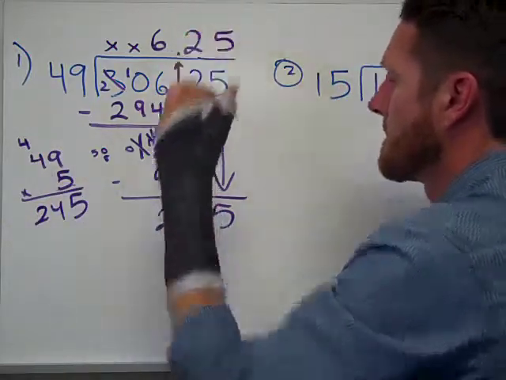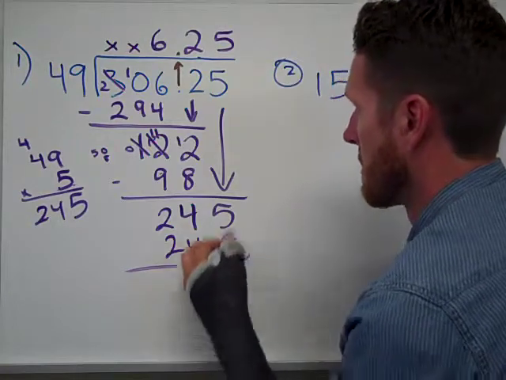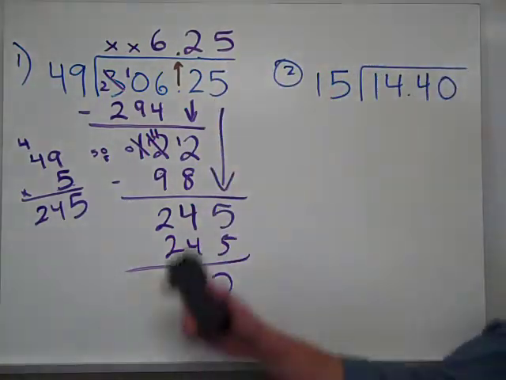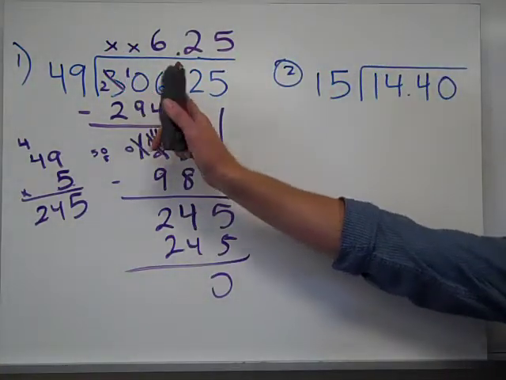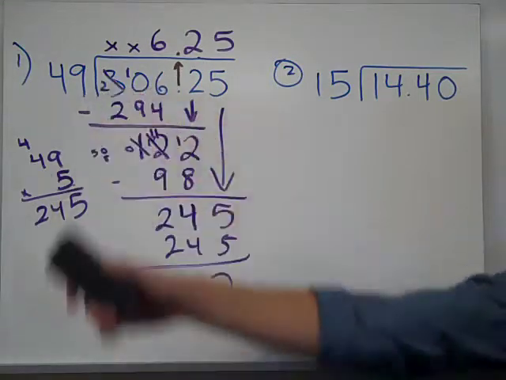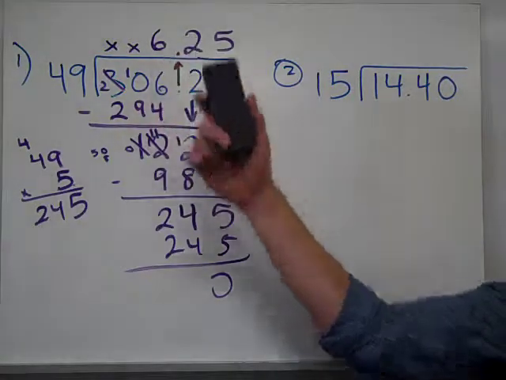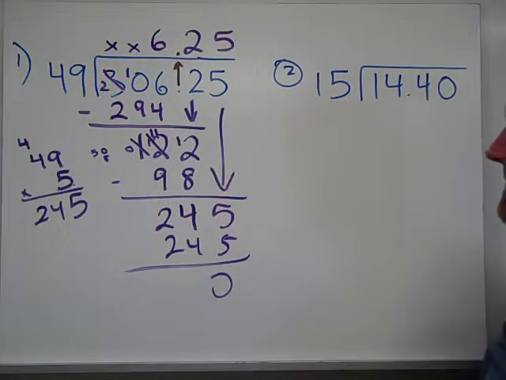Perfect. 5 up here. 0. No more there. So if $306.25 is divided up equally into 49 different pieces, each person would get $6.25.